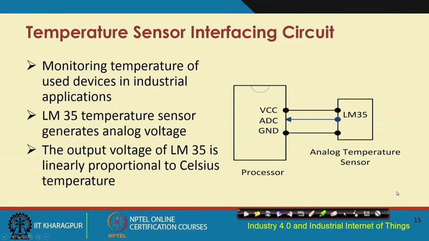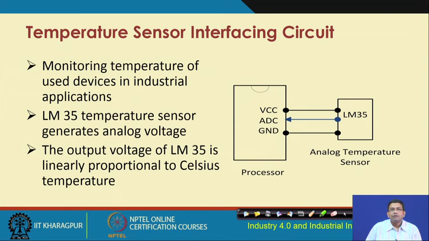So, let us look at each of these sensors one by one. We will start with the temperature sensor. There are many different types of sensors used in the industries, and temperature sensors are the common ones.